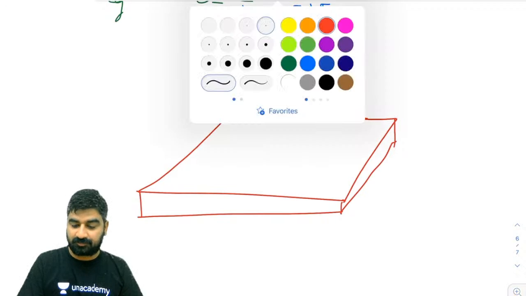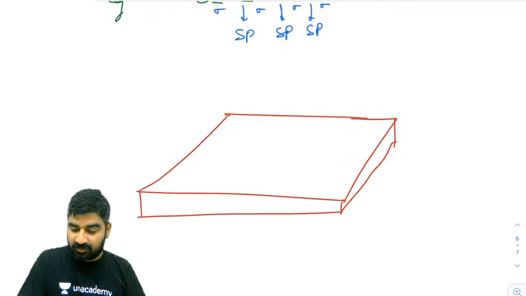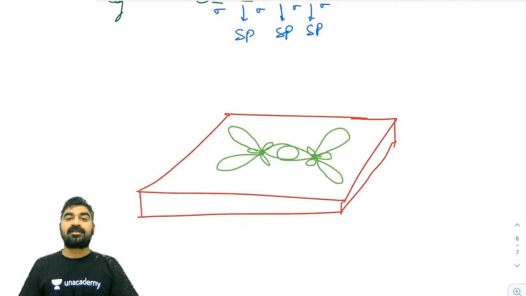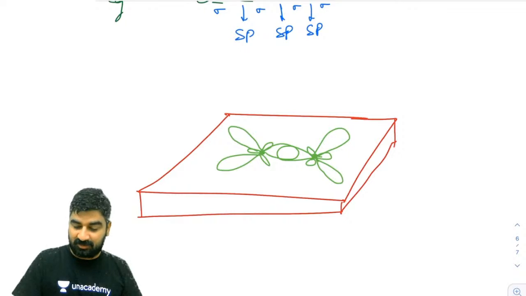Now we are drawing one carbon atom here, one carbon atom here, and then we have one hybrid orbital. These six hybrid orbitals will be in the same plane, and here we will be having overlap. Now let me show you the hydrogens as well.